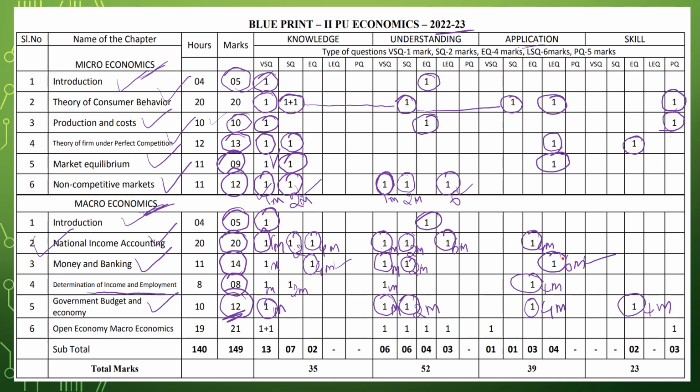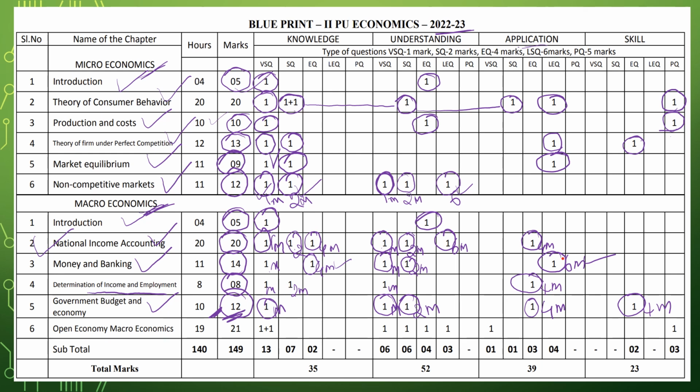According to this there may not be a 6-mark question, but when a person sets a question paper, as 12 marks are allotted for government budget and economy, he may skip a 4-mark question and ask a 6-mark question and skip one 2-mark question. He may do that also. So you should be very conscious with respect to this type of information.